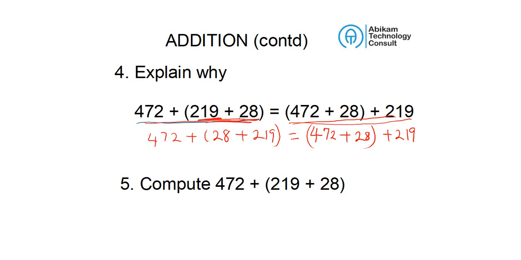Now, you can see that 219 plus 28, if you need to compute it, it may look tedious. You cannot easily compute it, except you now write, okay, 9 plus 8, 2 plus 1, and no, we don't want that. We have a concept called pair of 10.